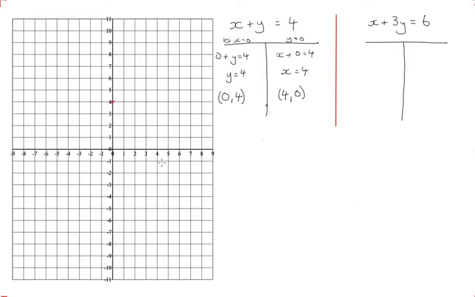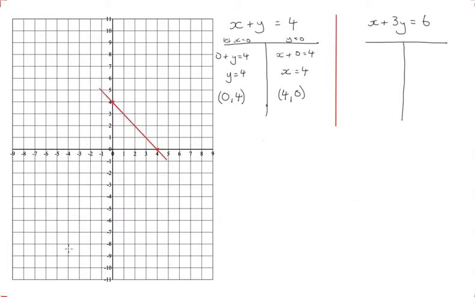I'll do a little dot there. And then (4, 0): we go out to 4 on the x-axis and 0 on the y-axis. So we have our two points. Now we just need to get our ruler, line it up with the two points, and draw a line like that.